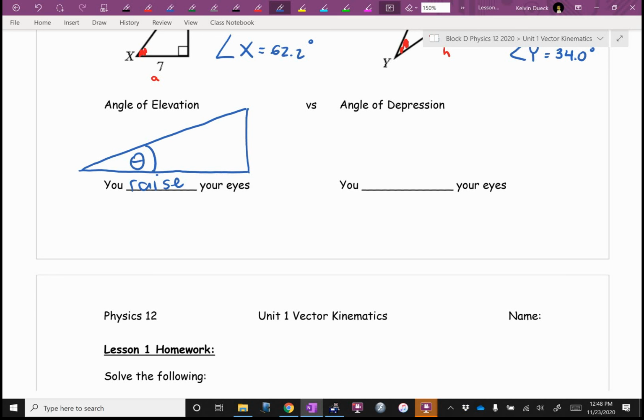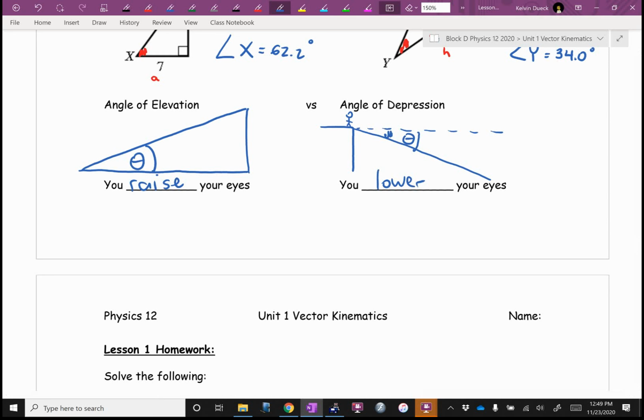Okay? Compare that with angle of depression. An angle of depression, if you're standing on top of a cliff, so you're right here, this is the angle of depression. You lower your eyes.